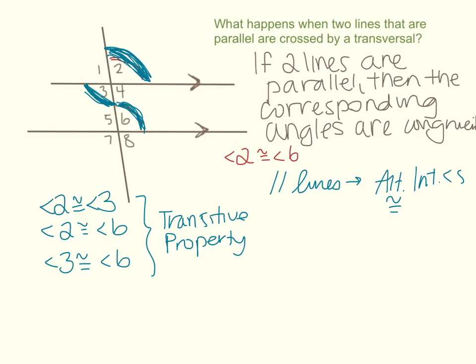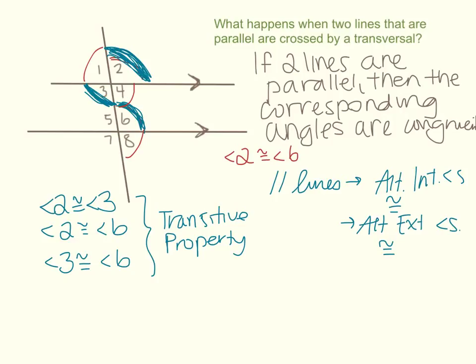So as you can tell, 3 and 6 are alternate interior angles. This also tells me that alternate exterior angles are congruent. And you could prove that in a very similar way, right? So that means that you could look at 1 and 4 and 4 and 8, right? So 1 and 4 are vertical and 4 and 8 are corresponding. So that's very similar there.